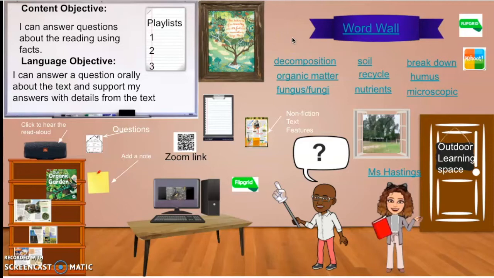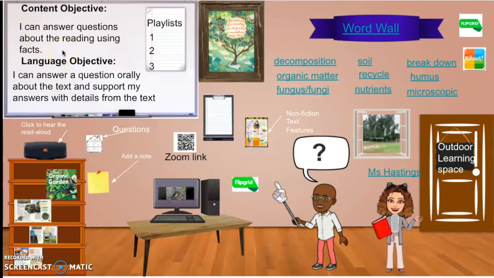Let's look at our content objective for today's class. Our content objective is, and read with me, I can answer questions about the reading using facts.